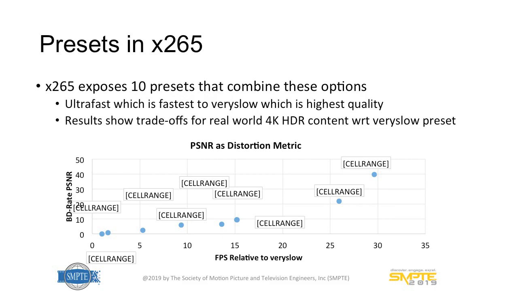Ultrafast on the right extreme is 30 times faster, but takes 40% more bits. So if you're looking at a use case that needs significant speedup, you can go to ultrafast. Medium is in the middle, and that's typically our default preset that we use.